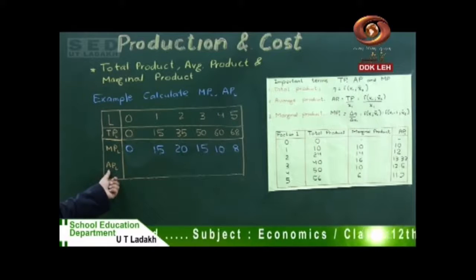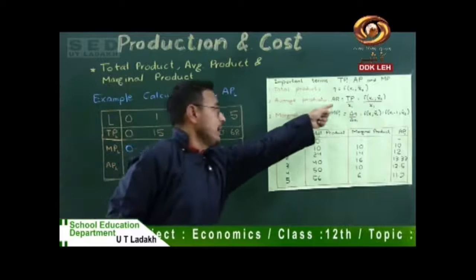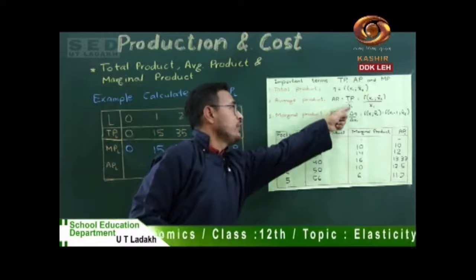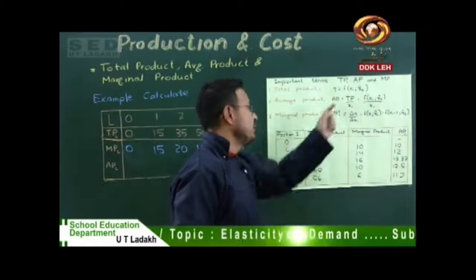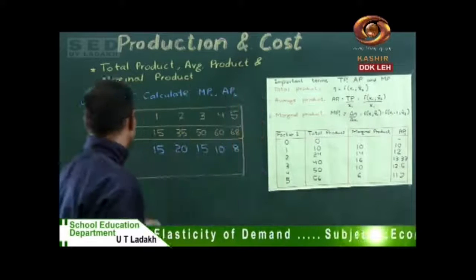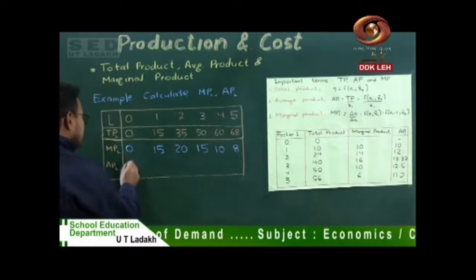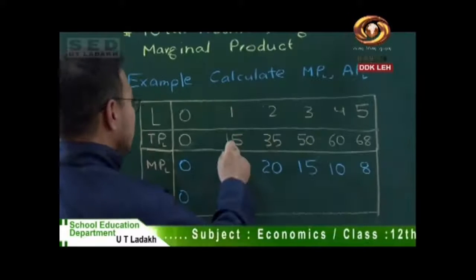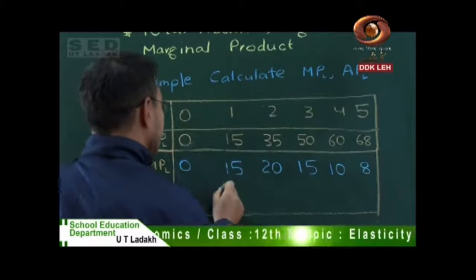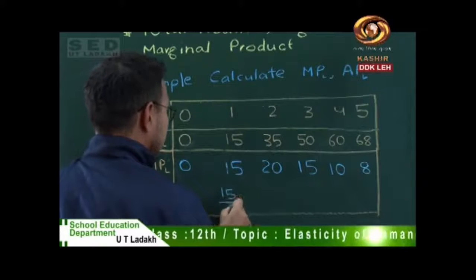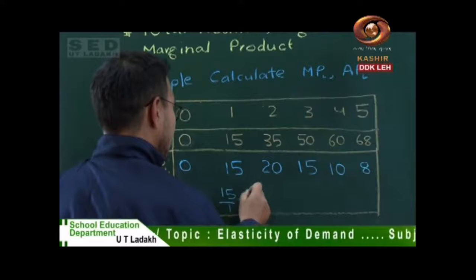Now what is your average productivity of labor? Simply as per the formula, it's total product divided by x1. Now here x1 is your labor. So in place of x1 you have labor. So in the first case it's 0. In the second case, what is your TPL? 15 and labor 1. So it's simply 15 divided by 1. The value is 15.